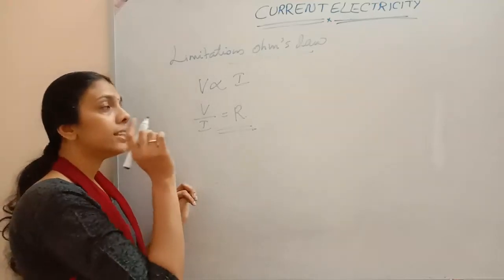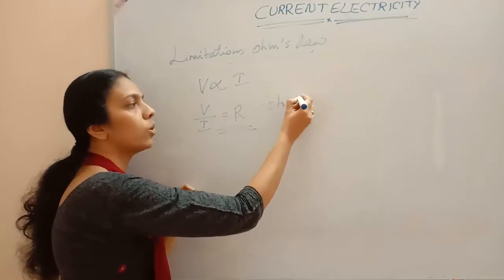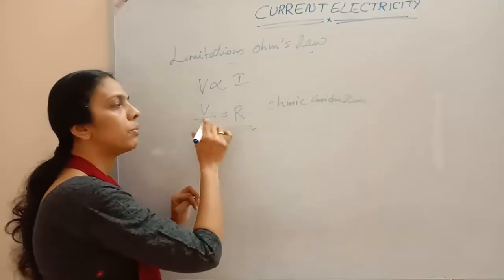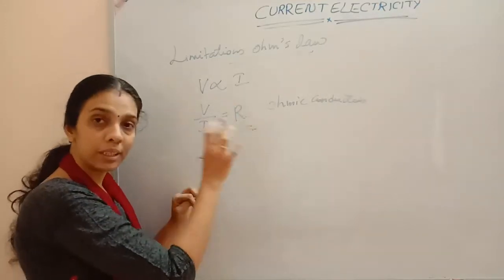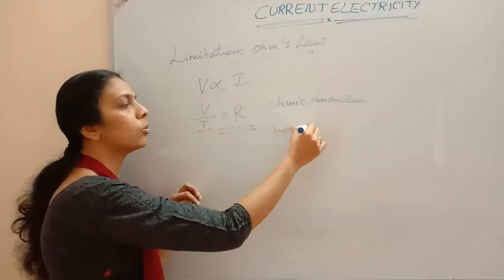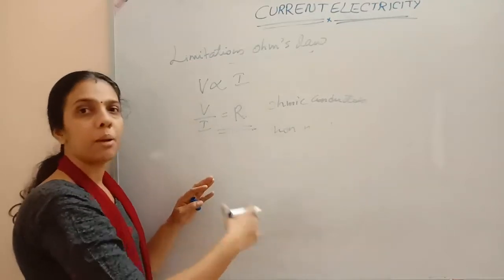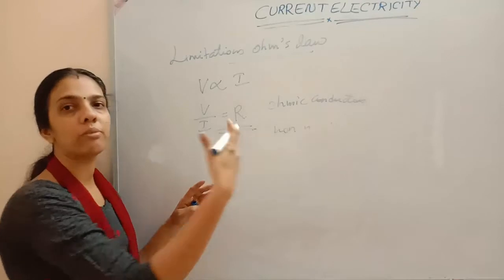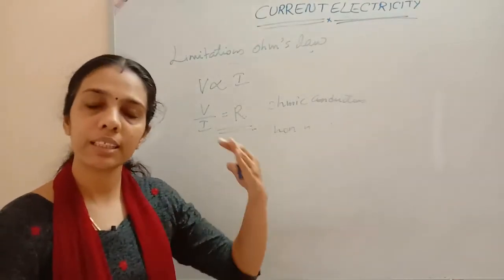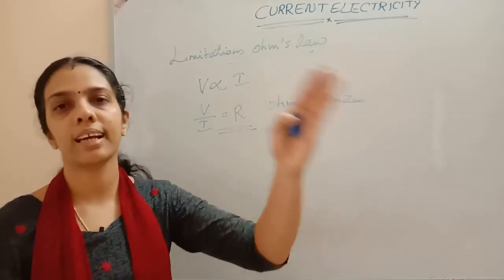But in ohmic conductors, the R value will always remain the same. In non-ohmic conductors, V by I equals R at a particular point, but at the next point in the same metal, the R value will be different. V by I gives the resistance value, but that resistance won't be constant in that case.